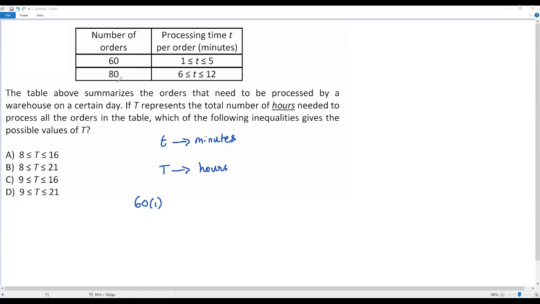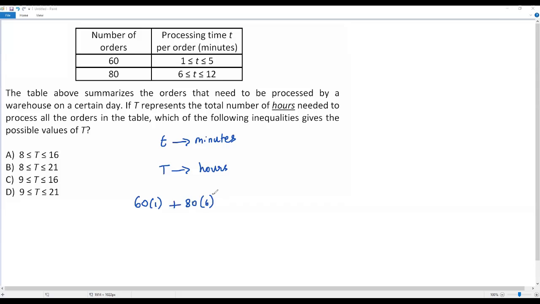And also, now let me go to the second category, that is the second 80 orders. For each order, the minimum processing time is 6 minutes, according to the information over here. And what is the total minimum time for all the 80 orders? For that, we have to multiply the number of orders 80 and the minimum processing time per order, that is 6. So 80 times 6.